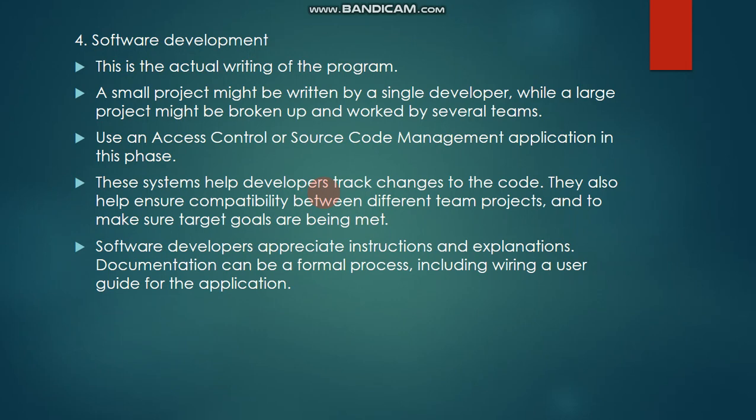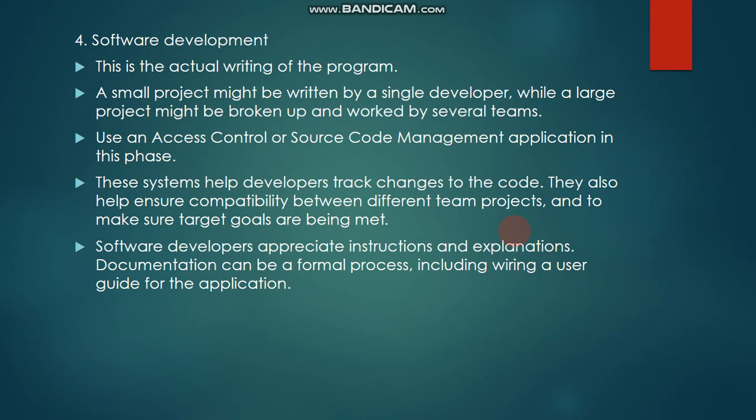These systems help developers track changes to the code, because there is coding managed here. So there will be certain team projects. Code reusability is also implemented here, and the software developers will be given reviews. They will be having a lot of meetings in between.